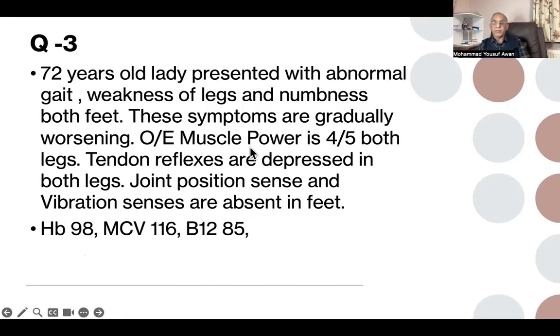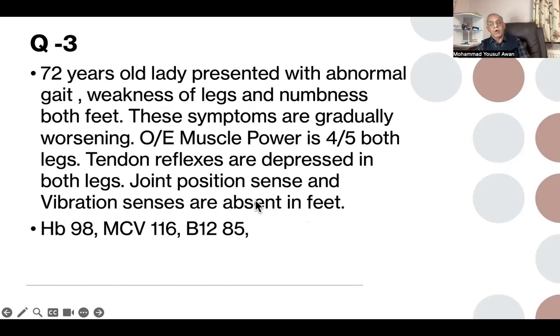Where's the lesion? Mild muscle weakness with tendon reflexes depressed in both legs, that's lower motor neuron. The corticospinal tract, the pyramidal tract, is not involved. The joint position sense and vibration sense are absent.